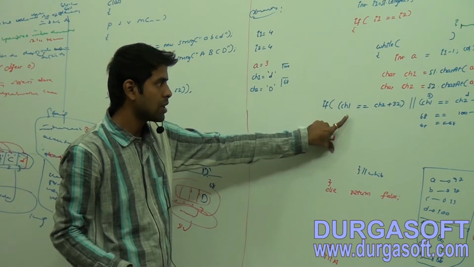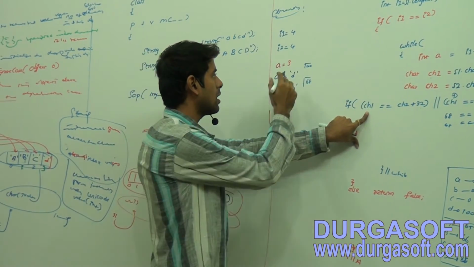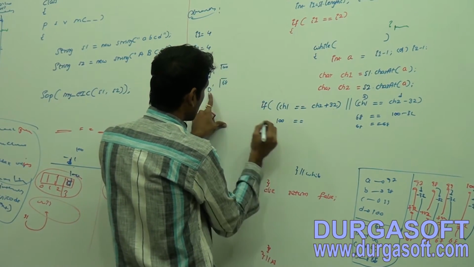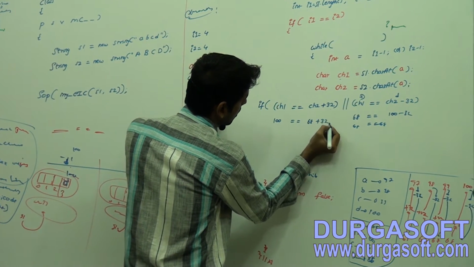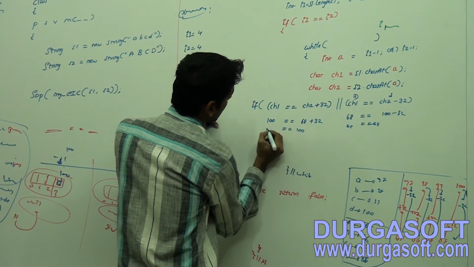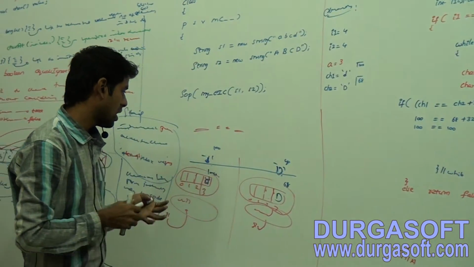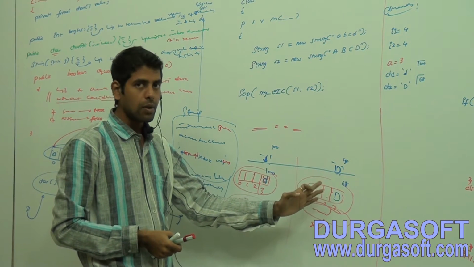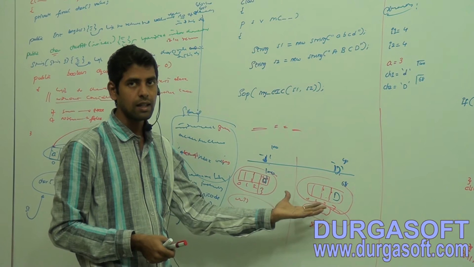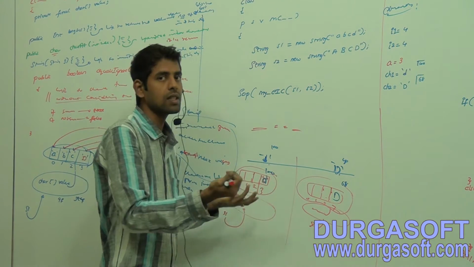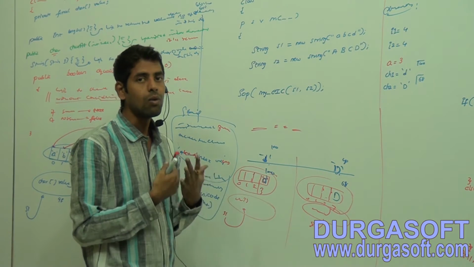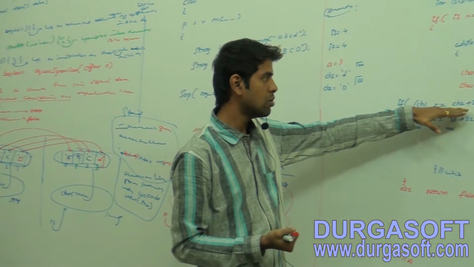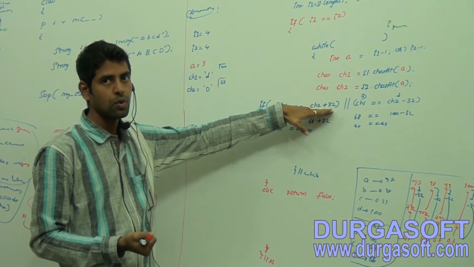Now ch1 value is internally 100, double equals to 68 plus 32, which is 100. I am telling JVM, if you have any lowercase character on the left side and the same character in uppercase, consider them as equal. I convey that information to JVM through this ch1 equals ch2 plus 32.